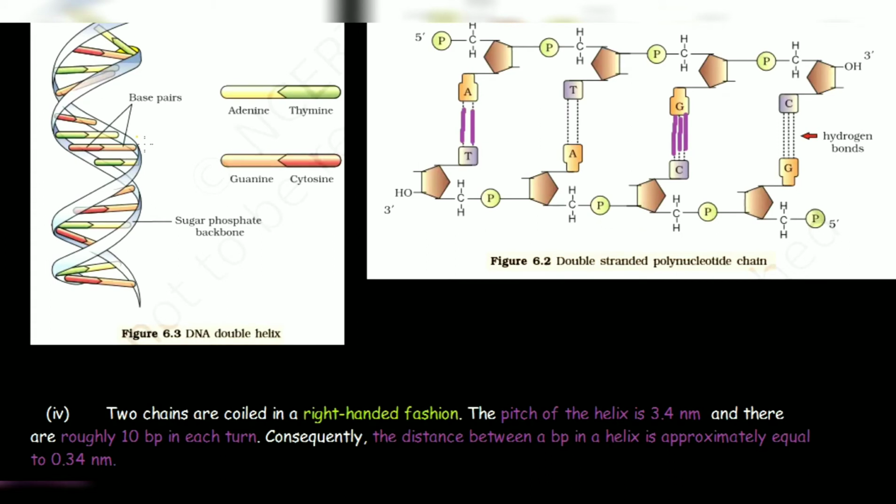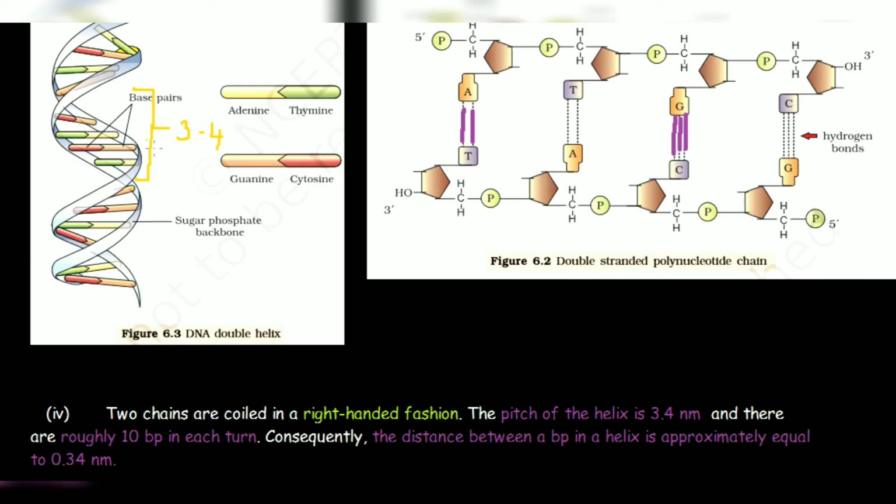The next point is that the two opposite strands of the polynucleotide chains are coiled in a right-handed, helical fashion. You can see that it is right-handed. The pitch of the helix is 3.4 nanometers, and approximately there are 10 base pairs in each pitch.